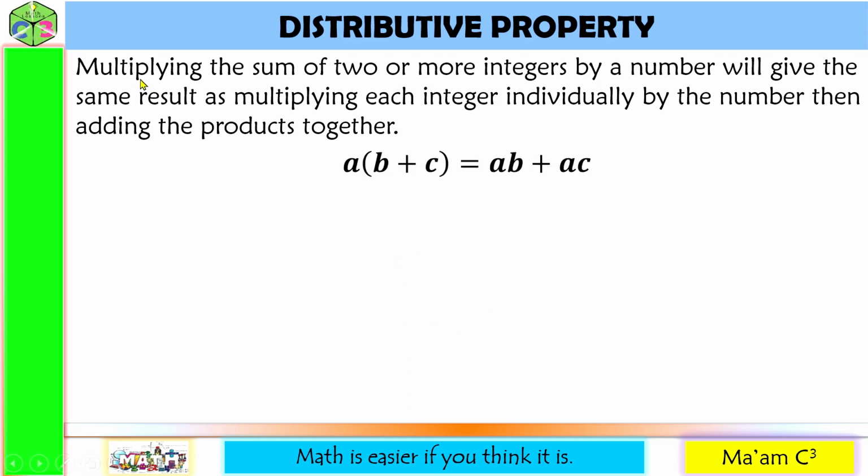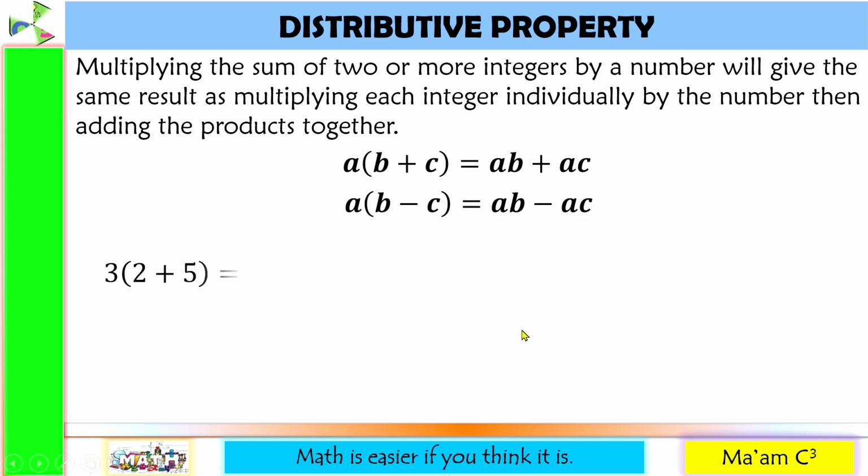So multiplying the sum of two or more integers by a number, here is the number, will give the same result as multiplying each integer individually by the number, so a times b, and then a times c, and then adding the products together. If it is subtraction, so we have a quantity b minus c will be a times b, copy minus, and then a times c.